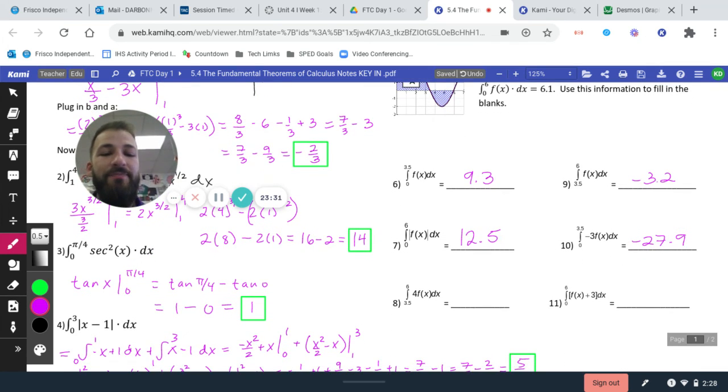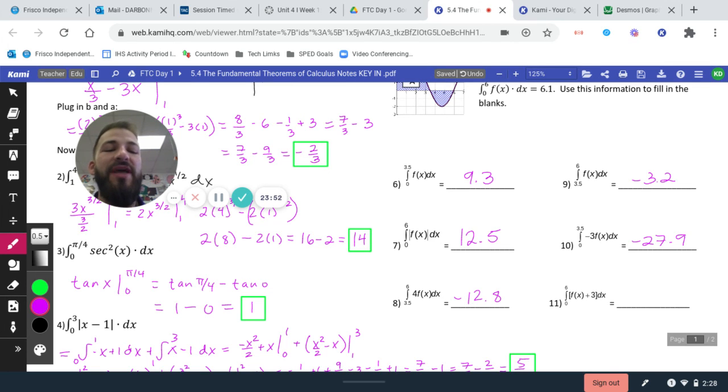Okay, nice and simple. Same idea on number 8, 3.5 to 6 of 4 times f of x dx. So I'm doing the area from 3.5 to 6, which I already know is negative 3.2. So negative 3.2 times positive 4 is negative 12.8. Okay. So far, pretty straightforward.